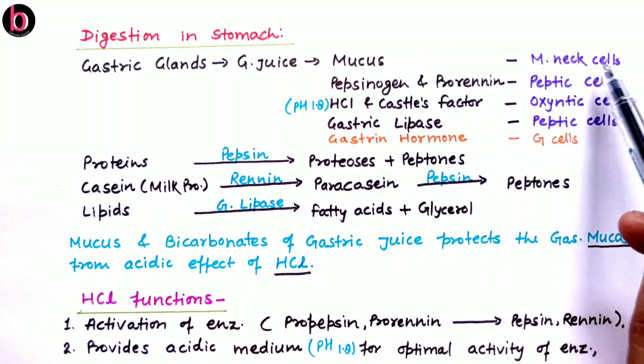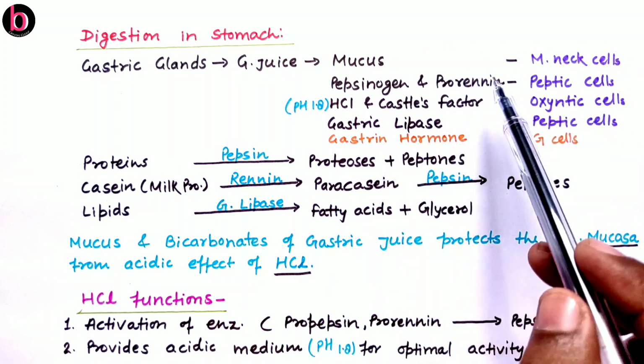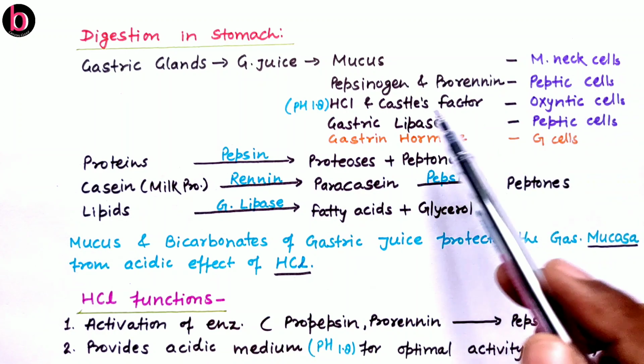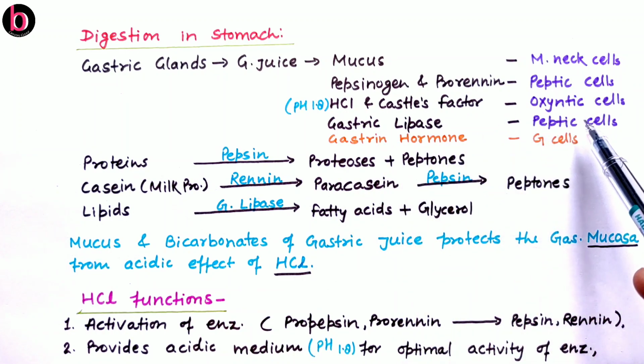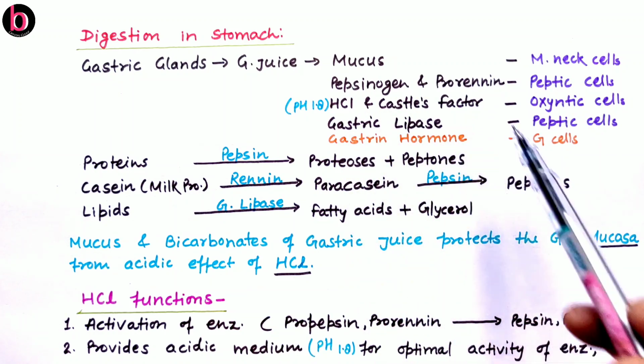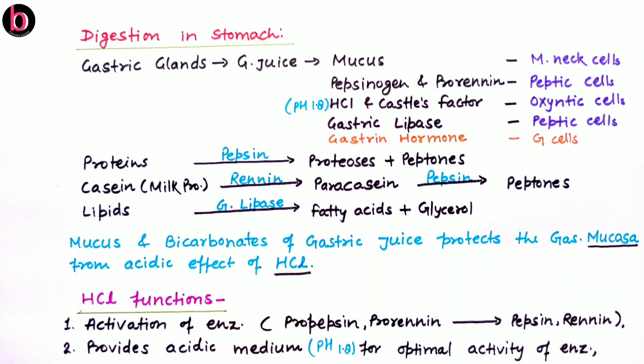Mucus is secreted by mucous neck cells, pepsinogen and prorenin by chief, peptic or zymogen cells. Gastric lipase is also secreted by the same cells, while HCl and Castle's intrinsic factor are secreted by oxyntic cells, and the gastrin hormone is secreted by G cells or gastrin cells.